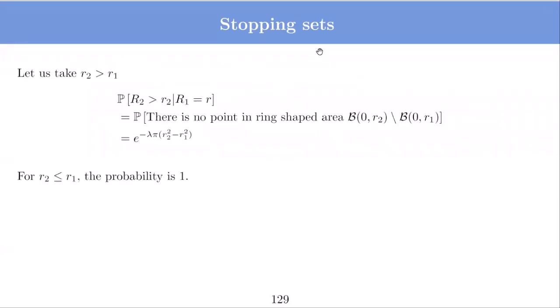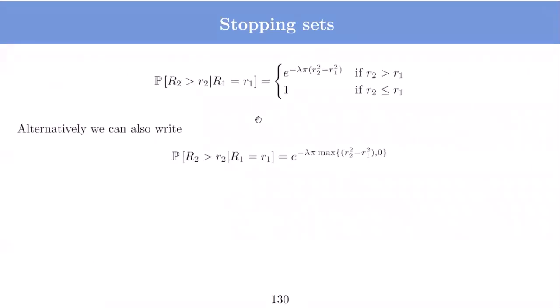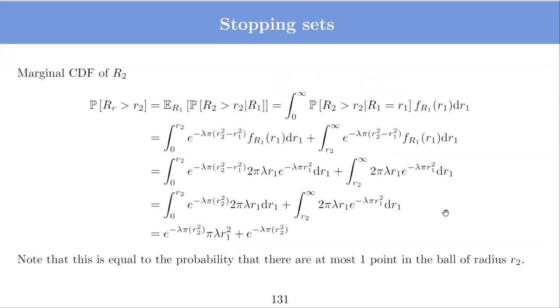We do not require any independence property here, but to proceed further, if we want to compute the marginal CDF of R2, we need to integrate this with respect to the distribution of R1, because this is a conditional distribution. So we first compute the joint distribution and then integrate it to compute the marginal distribution.